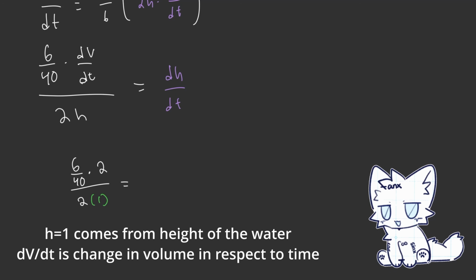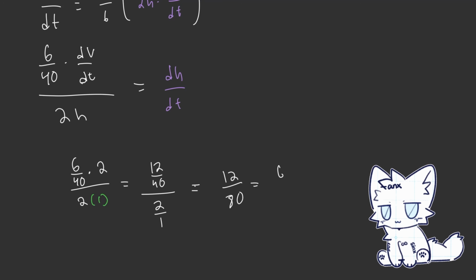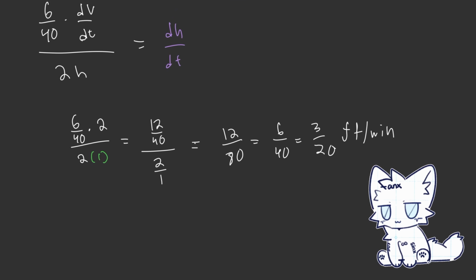And that can be simplified to 12/40 over 2 divided by 1, which is equal to 12 over 80, 640, 320 feet per minute. And this would be the change in height in respect to time.